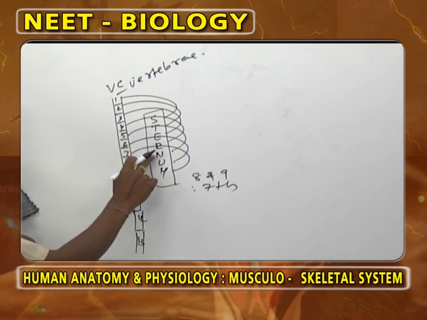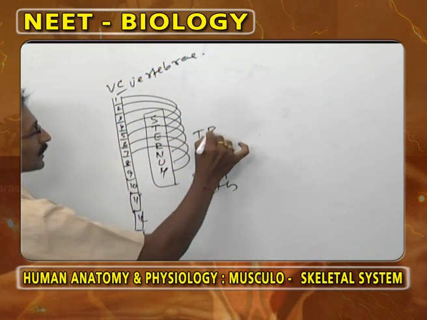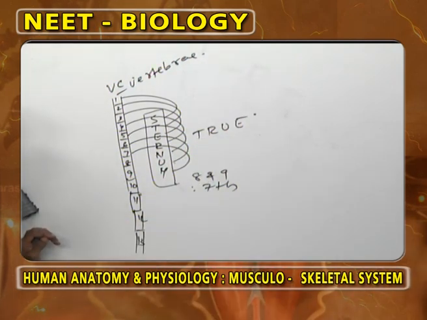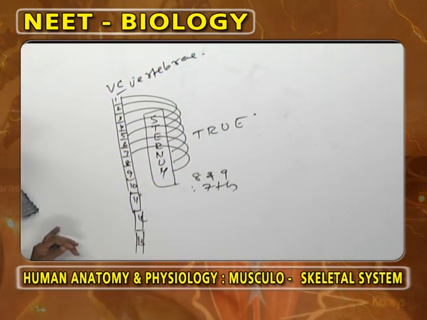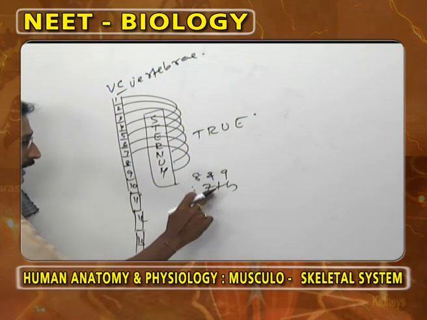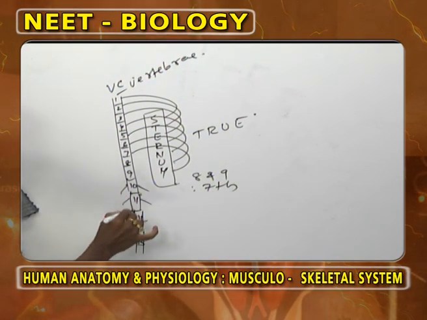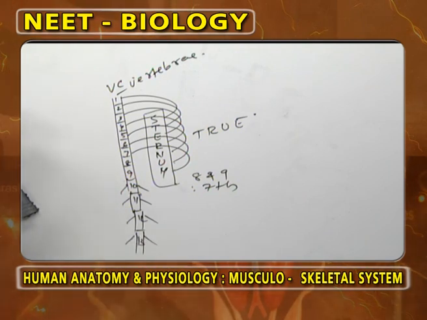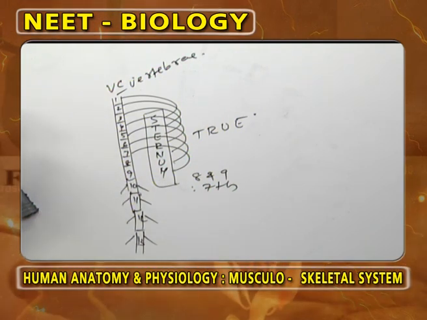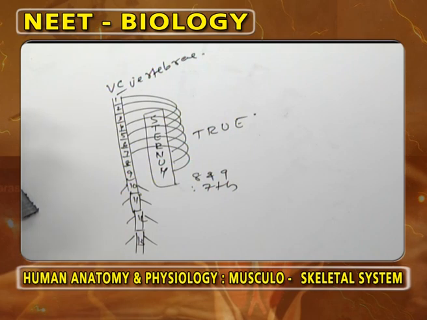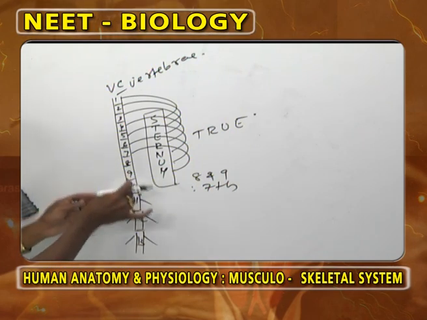The ribs that are attached to the sternum are called true and the remaining are called false. Now the 10th, 11th, 12th, 13th are not attached to the sternum. They are also false ribs and they are freely floating.